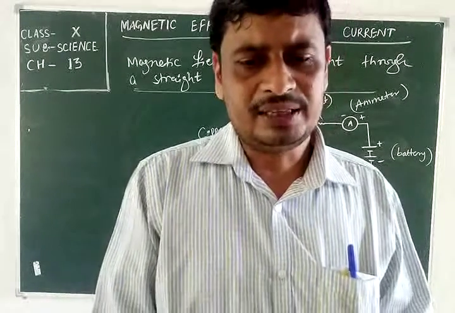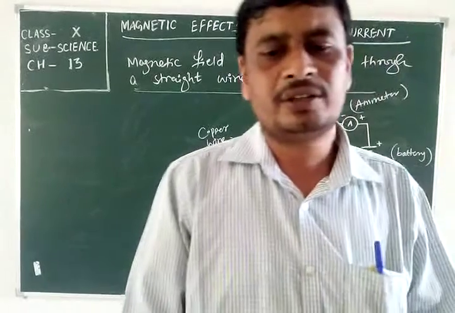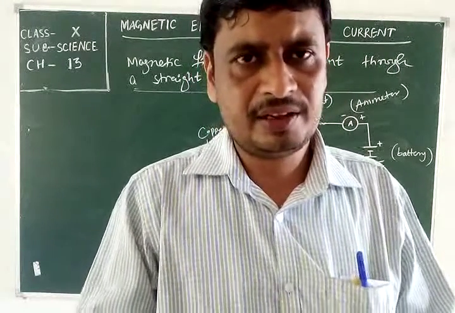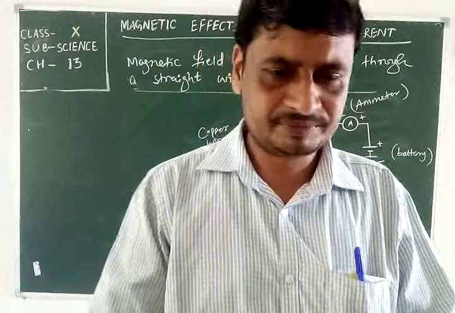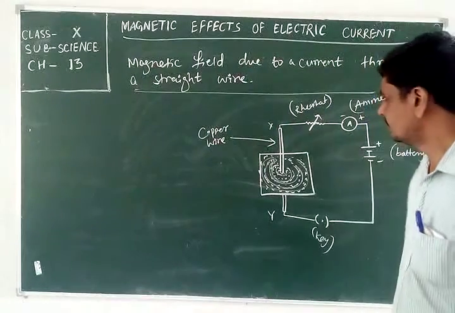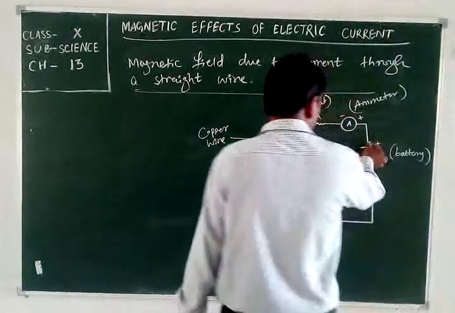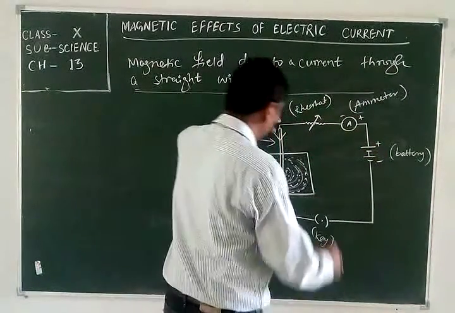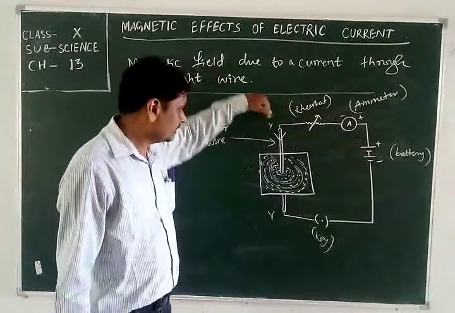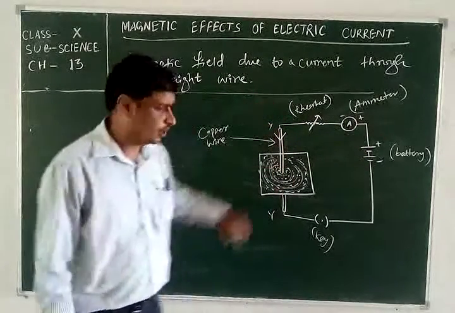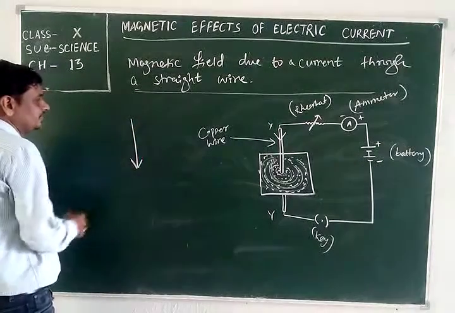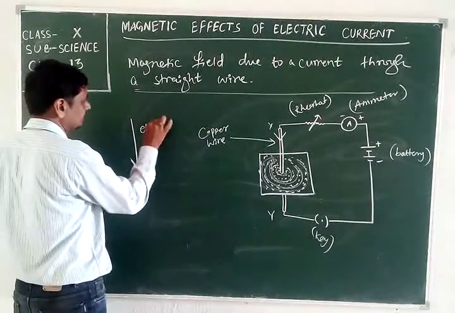So how can this direction of field lines be obtained? If the current moves from top to bottom, this one is the positive terminal, the current is coming from top to bottom, it is the direction of electric current.